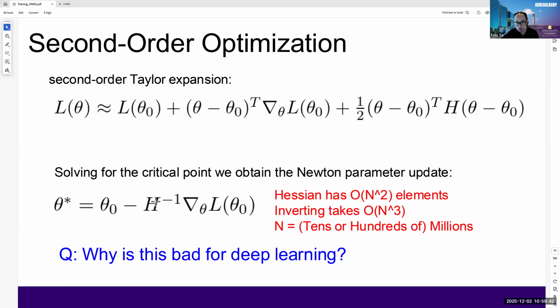But here we actually need to solve a very difficult linear system, which is H inverse times the gradient. The issue is the Hessian will have order n squared elements. Inverting that takes n cubed, which is a very expensive operation. That's why this is very bad for deep learning, and for obvious reasons, not a very good idea.